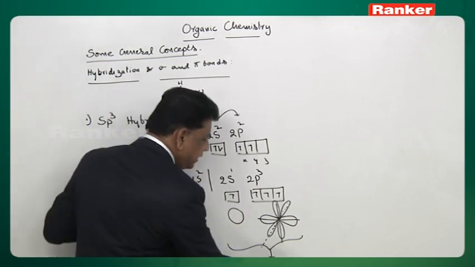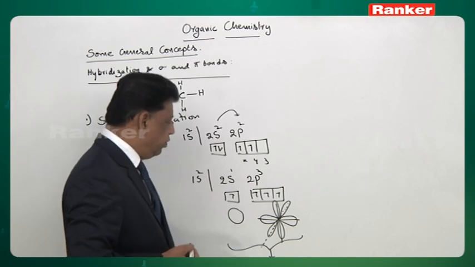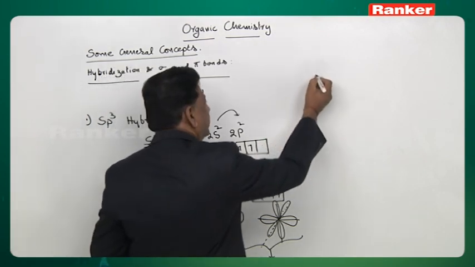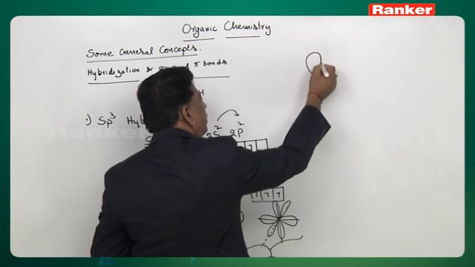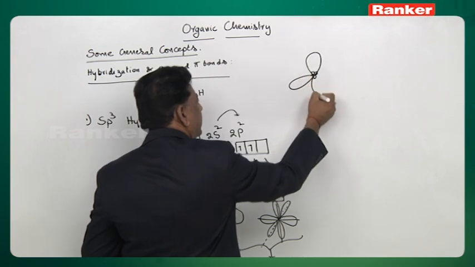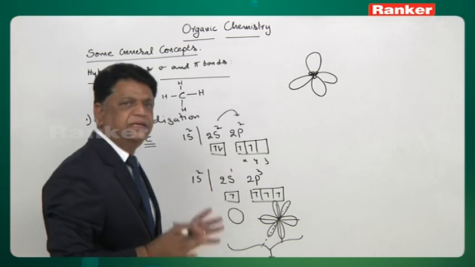Their shapes are described as one small lobe and one big lobe. How many orbitals are produced? 4 such orbitals are formed. These 4 will be better shown like this. One orbital will be on one side, and the other 3 will be like this. So, all the 4 orbitals point to 4 sides, in fact.